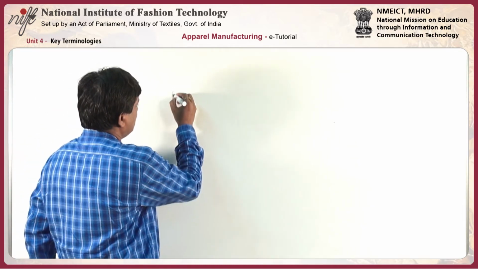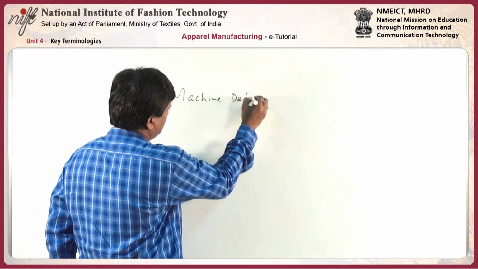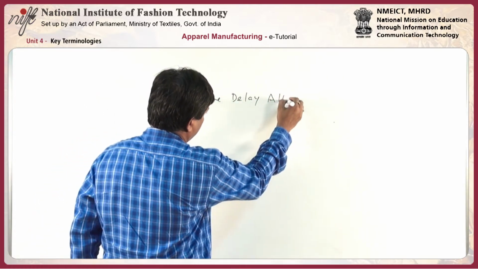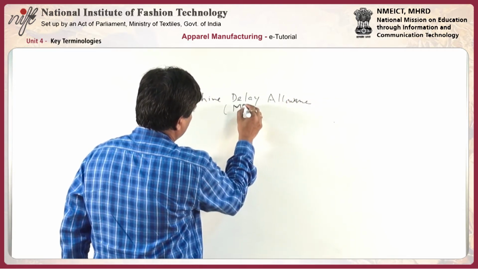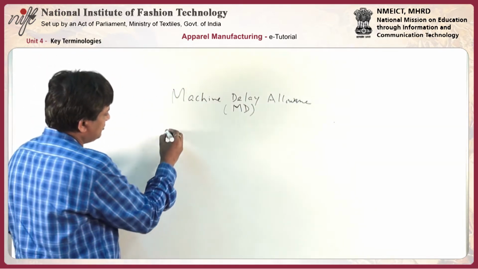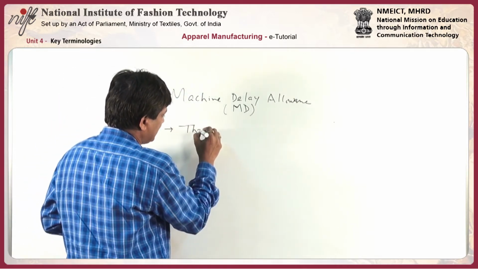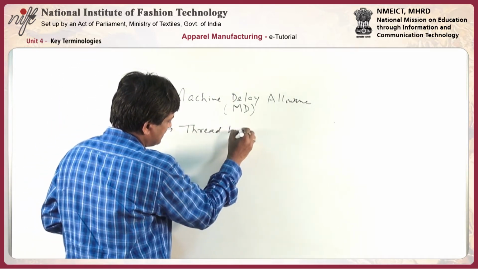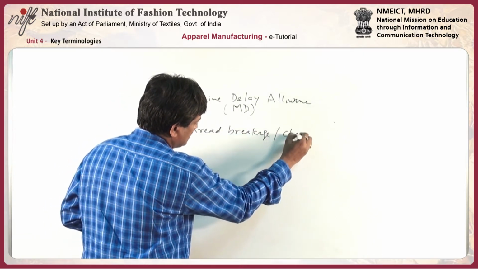So the machine delay allowance, also known as MD allowance, is the allowance we give for thread breakage or thread changes.